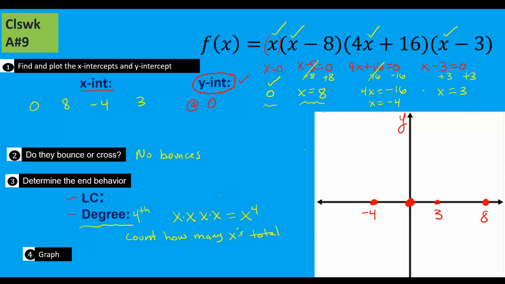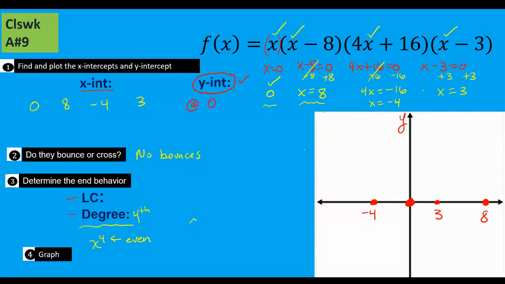Why do we need to know what our degree is? Because that tells us if our arrows both go up or both go down, both going the same way, or one arrow going one way and one arrow the other. So since this is x to the 4th, 4 is an even number.